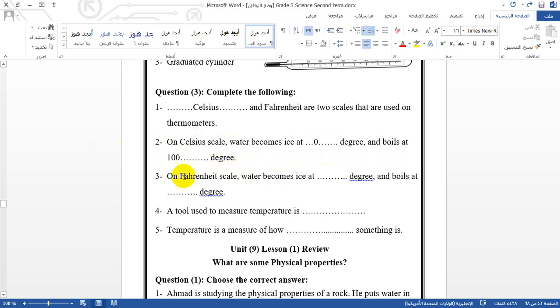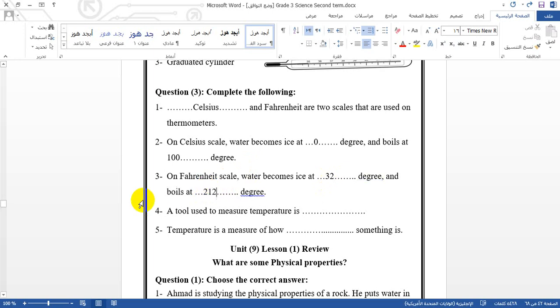Number 3, Fahrenheit scale, water becomes ice at which degree, guys? In Fahrenheit at 32, the water will become ice at 32 degrees. And boils at which degrees exactly?